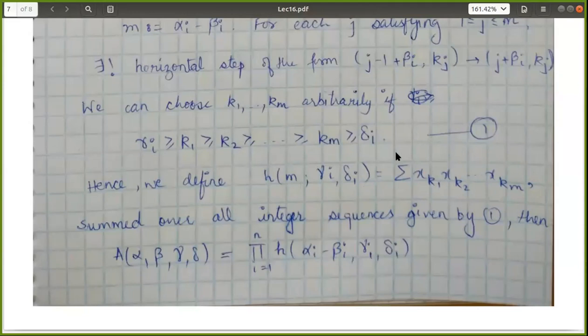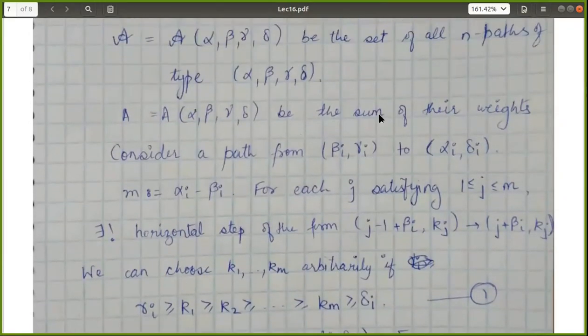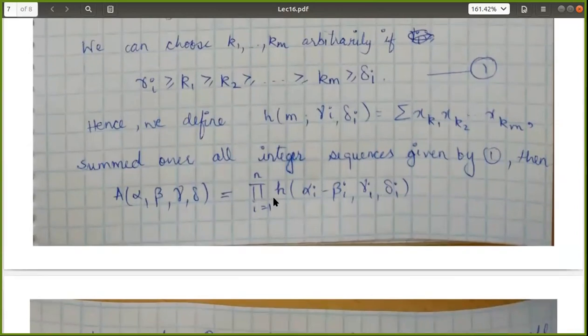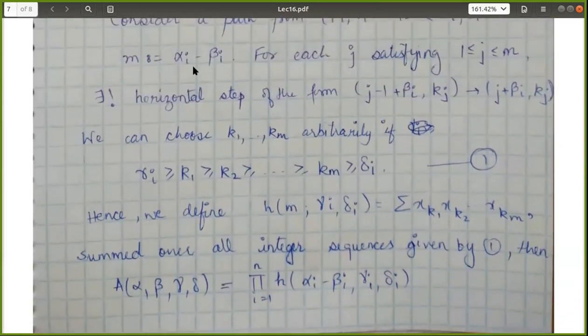So the number of the A, which was the sum of their weights, is then given by the product of these functions h, and now m is, remember here to develop this theory, m was the difference between alpha I and beta I, but there is a alpha 1, alpha 2, alpha n, there is a beta 1, beta 2, beta n.